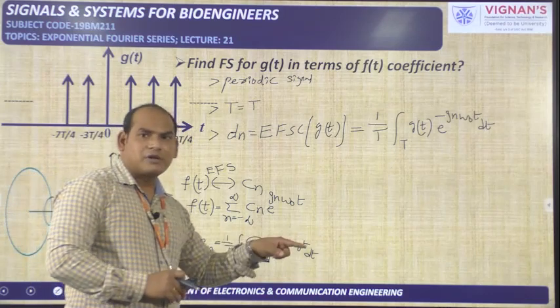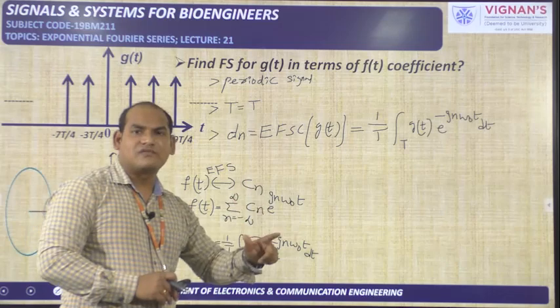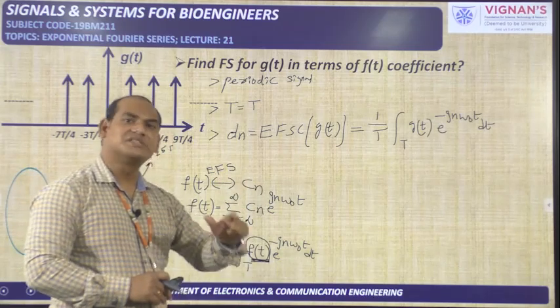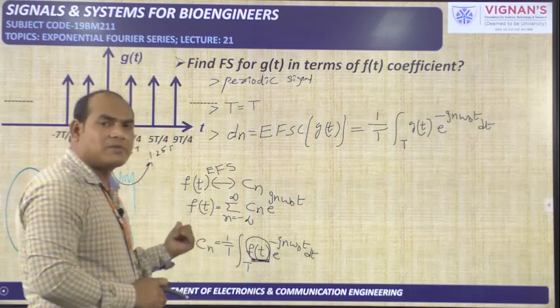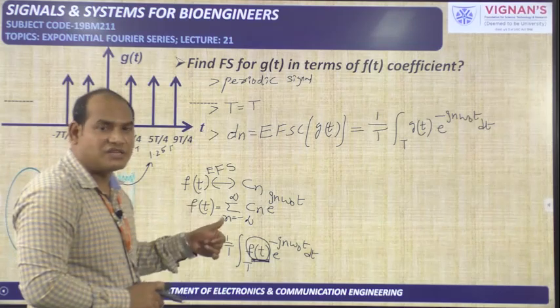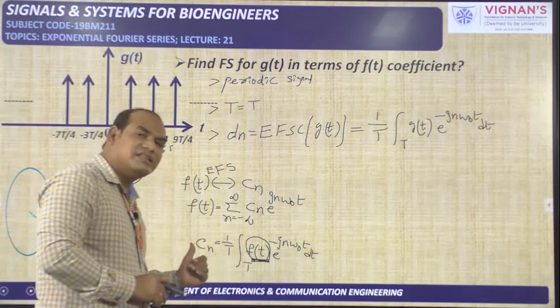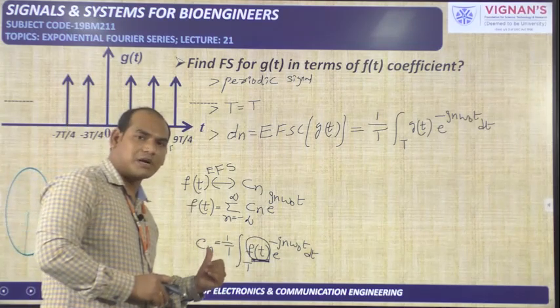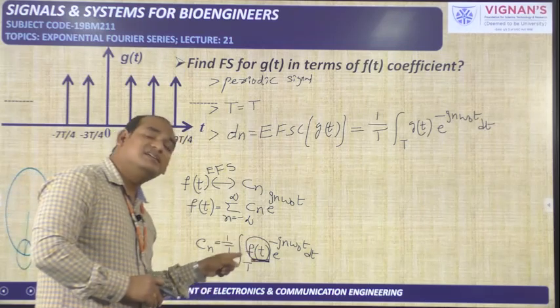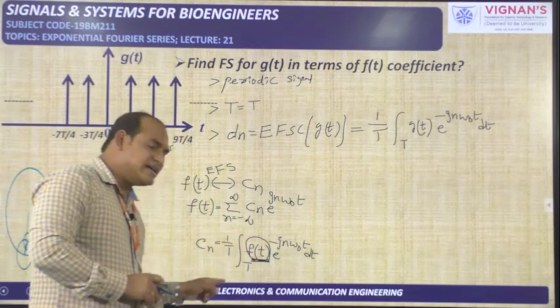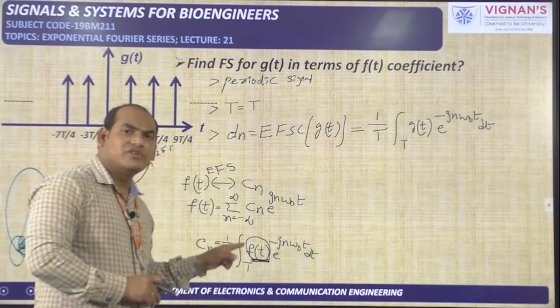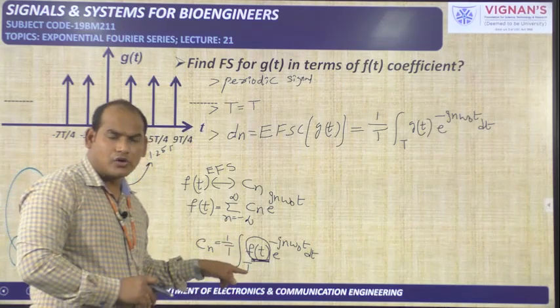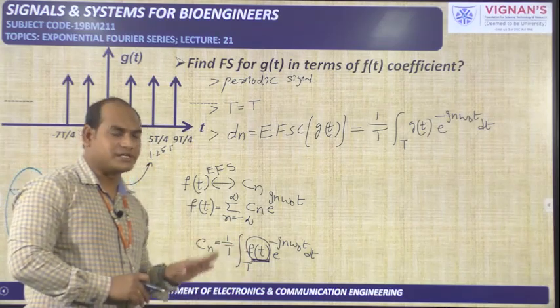For the previous problem, the signal is represented with f(t) and the coefficient with Cn. In this problem, our signal is represented with g(t), so for g(t) you need to find the coefficient. This is the signal place, where you need to write the signal for which you are calculating the coefficient.